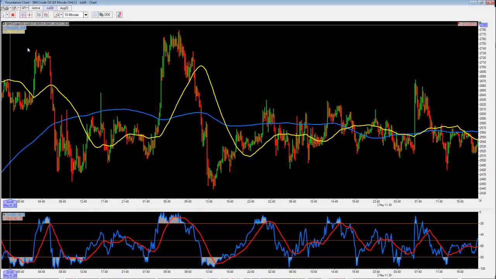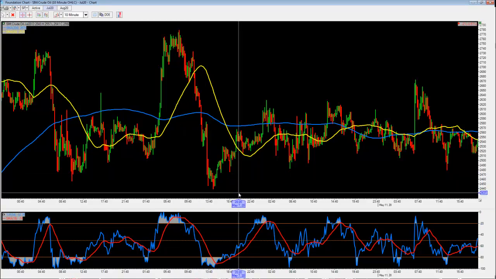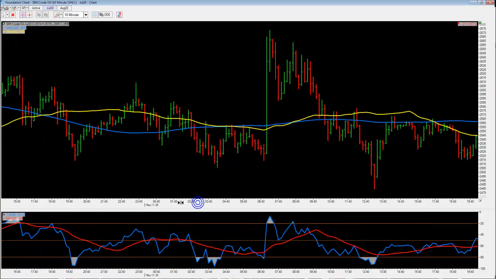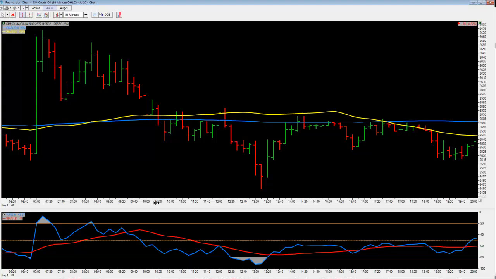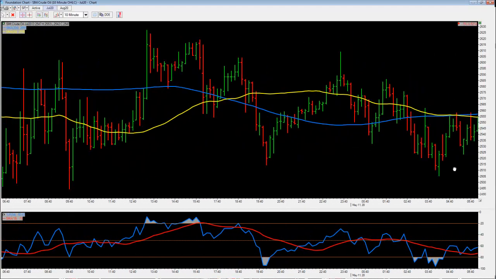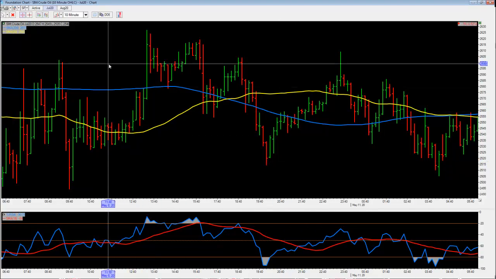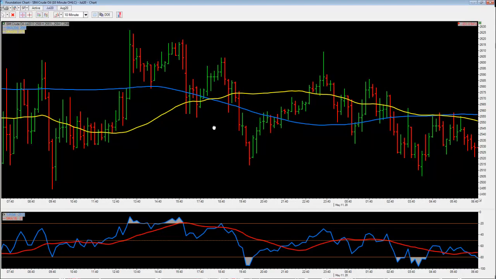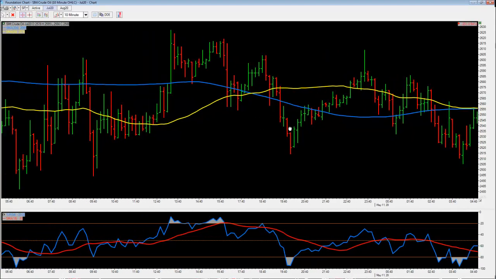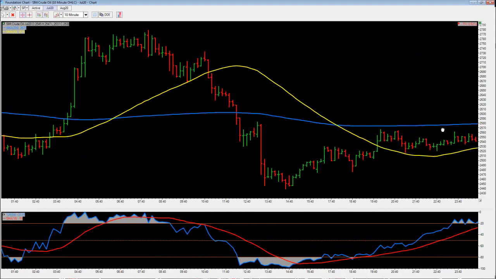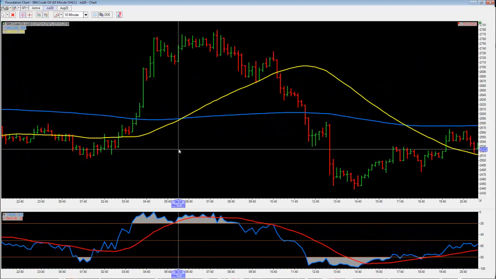Very interesting setup this one is right here. Let's bring that out a little bit. This was the setup right here. What was it right there? Let's see here. Where was it? This is it right here.